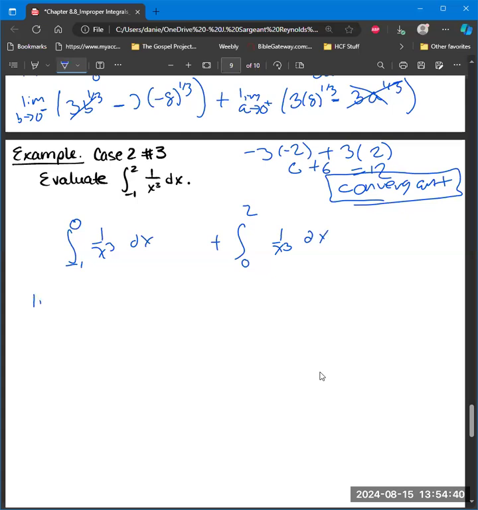So I'm going to have limit as b goes to 0 from the left of integral -1 to b, x to the -3rd dx, plus limit as a goes to 0 from the right, a to 2, x to the -3rd dx, like that.